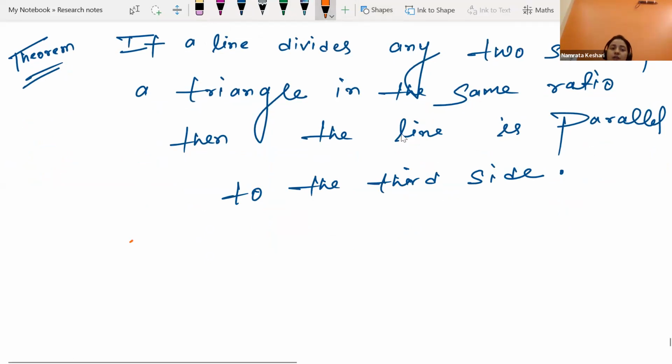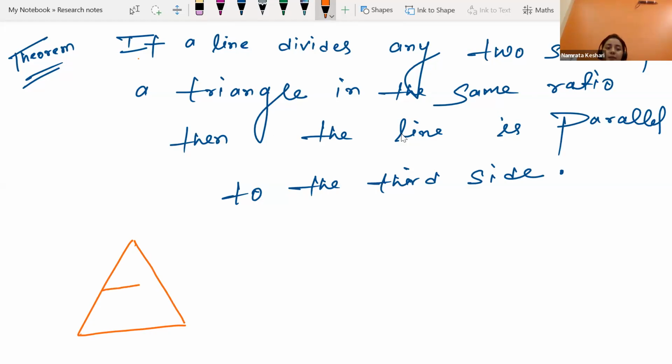It is given over here that if a line, let's try understanding it. First, I'm showing you the steps, the way we were discussing the previous one. Then we'll be proving it properly. This one is very simple. So what does it say? It says that if a line divides any two sides of a triangle in the same ratio.